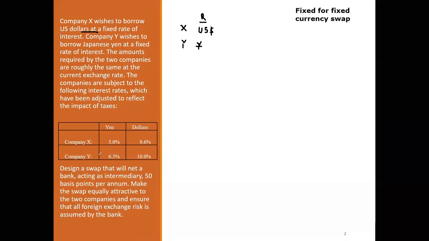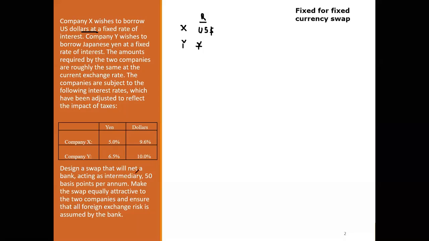So here you have been given the interest rate after accounting for any differences in the taxes, because when you borrow in another currency, in another country, you can be subject to different tax rates. After accounting for all these tax differentials, they have given the interest cost for company X in yen and dollars, and company Y in the yen market and also in the dollar market.